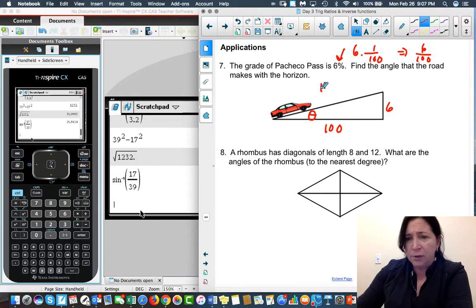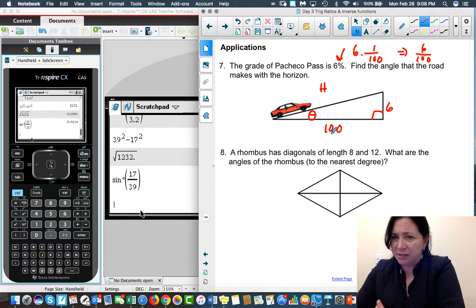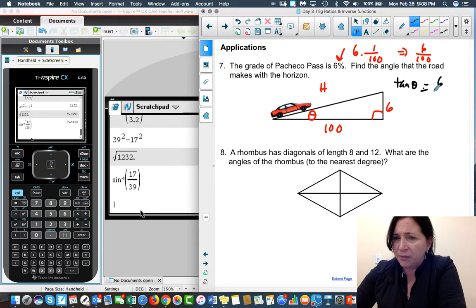Well, I don't have my hypotenuse. We know that that's perpendicular. What you do have is the opposite side and the adjacent side. So that's tangent. So we would say tangent of that angle is equal to the opposite side over the adjacent, which is 100. So theta is equal to arctangent of 6 over 100.